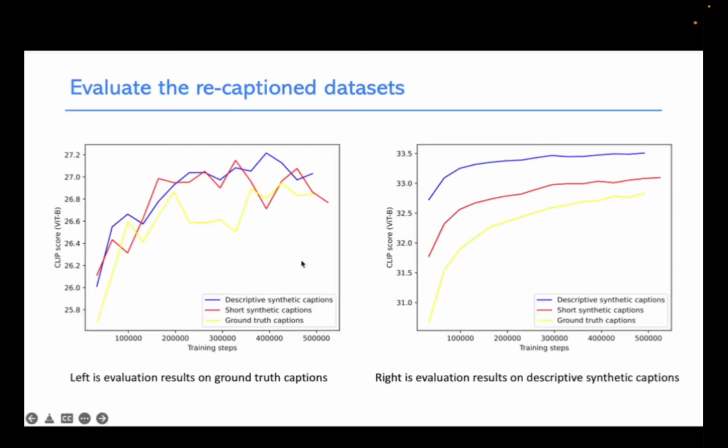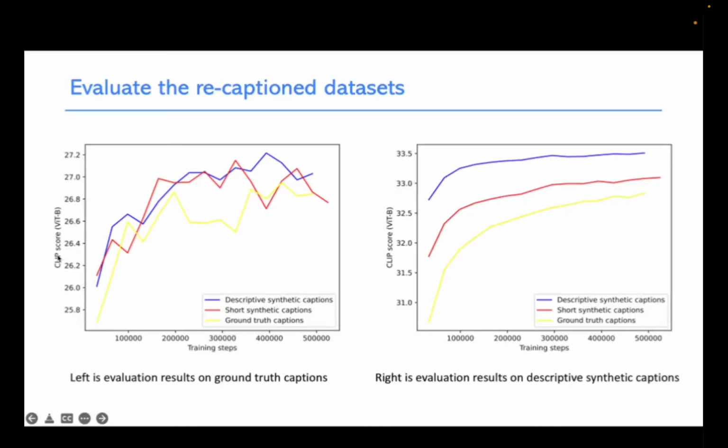Yeah, sure. So you see those three kinds of lines actually represent three models that we trained. For example, the blue line is the model we trained on descriptive synthetic captions. So during evaluation, we will use those models to generate images and convert those images into image embeddings. And we compare the similarity of the image embedding and the text embedding of the evaluation data here to calculate the CLIP score.